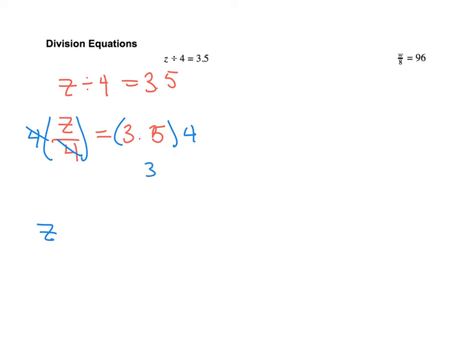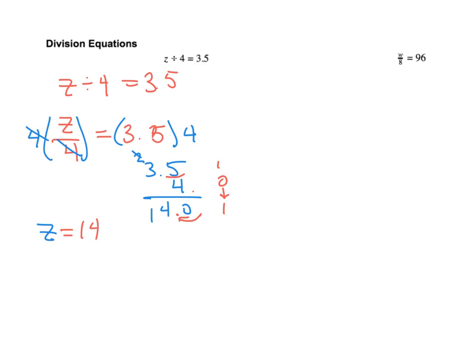So that means I have 3.5 times 4. 5 times 4 is going to give me 20. 3 times 4 is 12, plus 2 is 14. Now I have to do my decimals. Remember, I have one decimal place here. It is 0 here, which leaves me with one decimal place at the bottom. So I'm going to start from the right and move one spot to the left, and I have 14 as my answer. z is equal to 14.